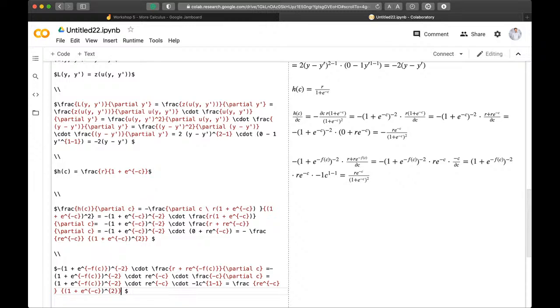Again, trying to make it very clear. The first equation that we just did, this derivative of h with regards to c, everything should be correct. The second part where we added the f in the parentheses is just taking into account that this is not going to be the first function in the function graph.